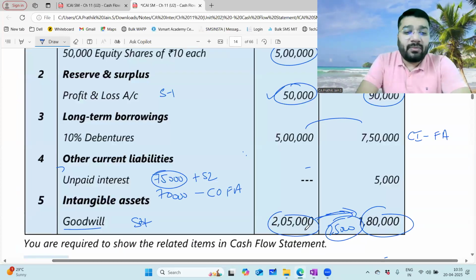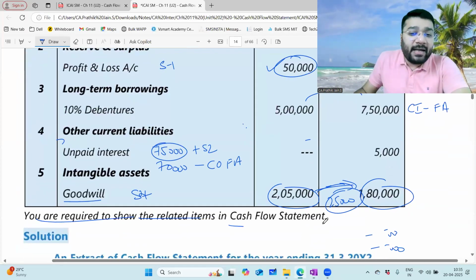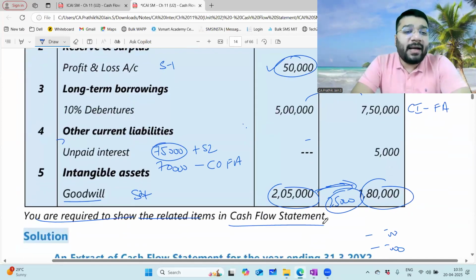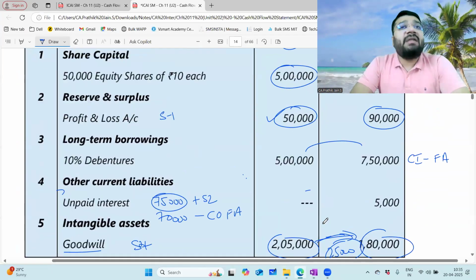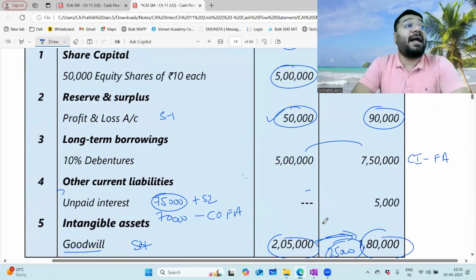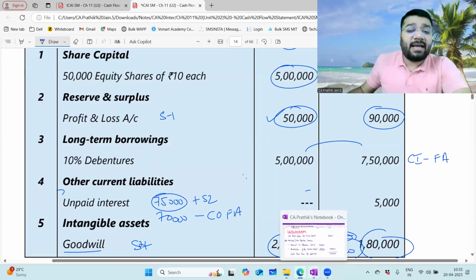What is the requirement of the question, people? You are required to show the related items in the cash flow statement. So what are the other related items to be shown here? Investing activities, nothing there, but we have financing activities. So now we have to open cash flow from financing activities.